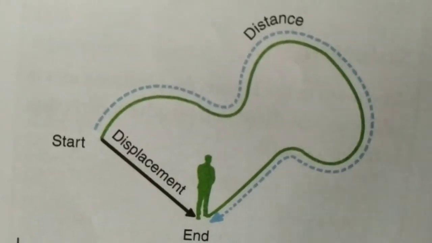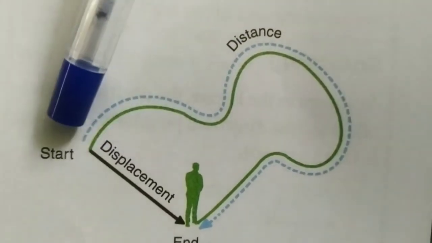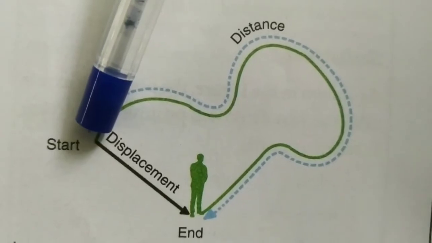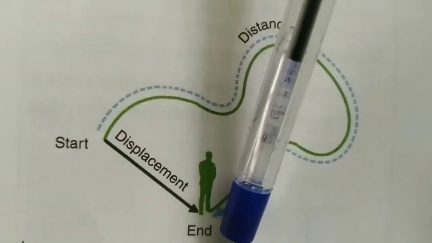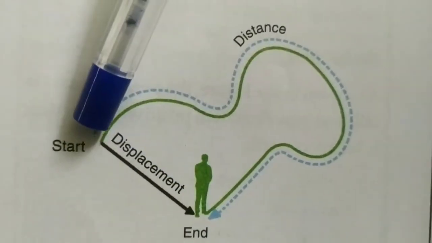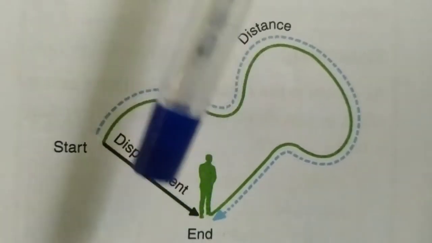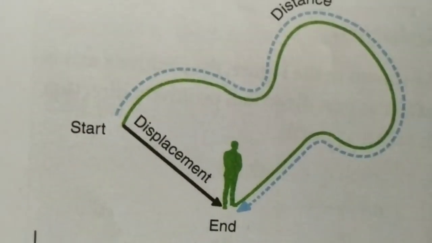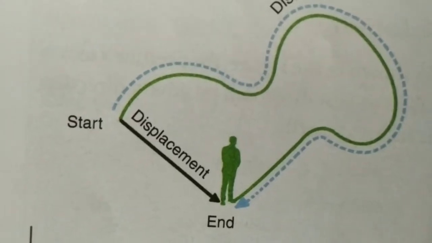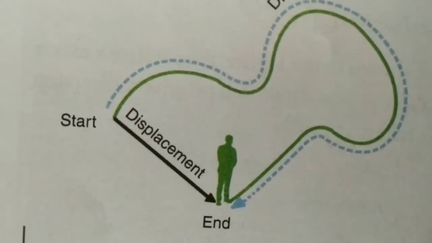So distance is a positive scalar quantity, but displacement has its own direction, because it goes from the starting point to the end point, from the initial position to the final position. So it has a particular direction. So displacement is a vector quantity. Displacement may be positive or negative.